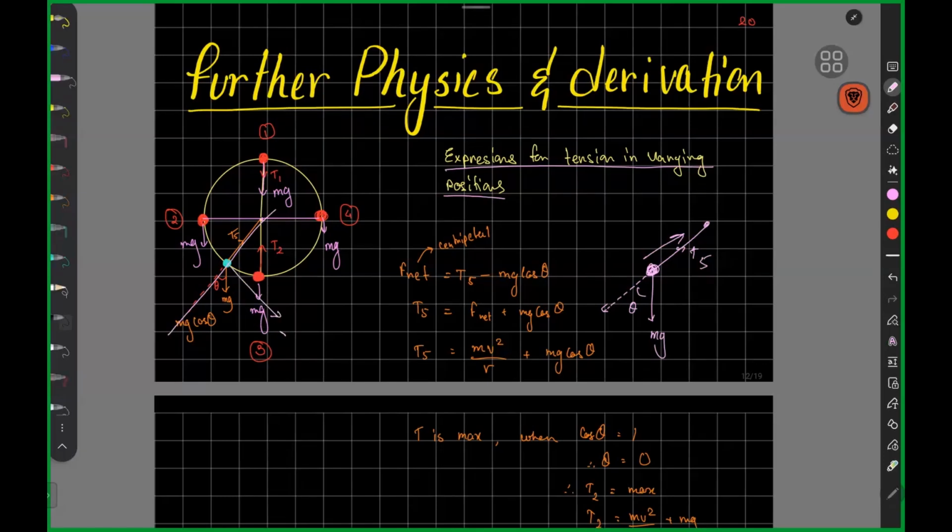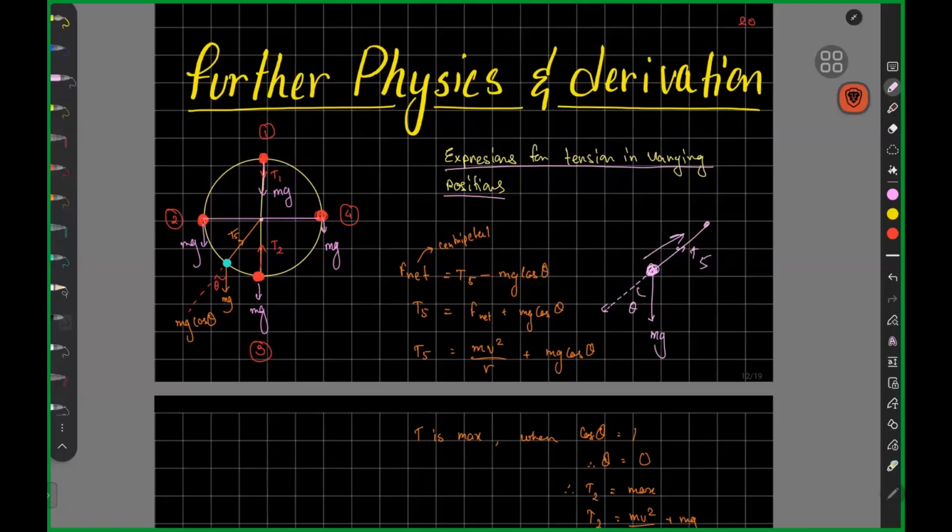So this is going to be mg sine of theta, that is, let's say, the vertical component, and the horizontal component over here is mg cos of theta. So there are two components, and the one I am interested in is mg cos of theta, because that allows me to find out the net force towards the center or the centripetal force.